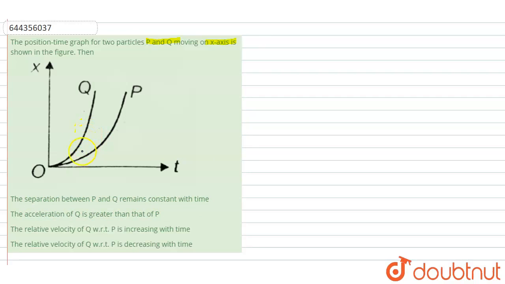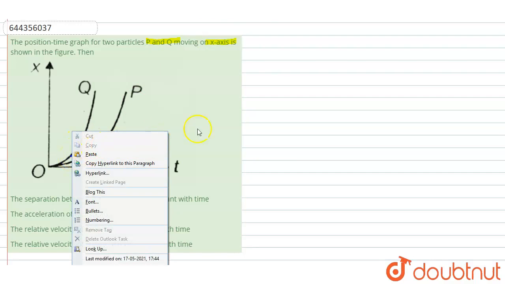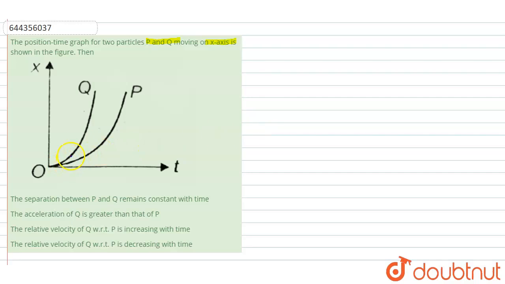So if we look at this point, basically, we are using the red pen here. This is the separation, and we see at t1, this is t1, and this is t2, and this is t3.